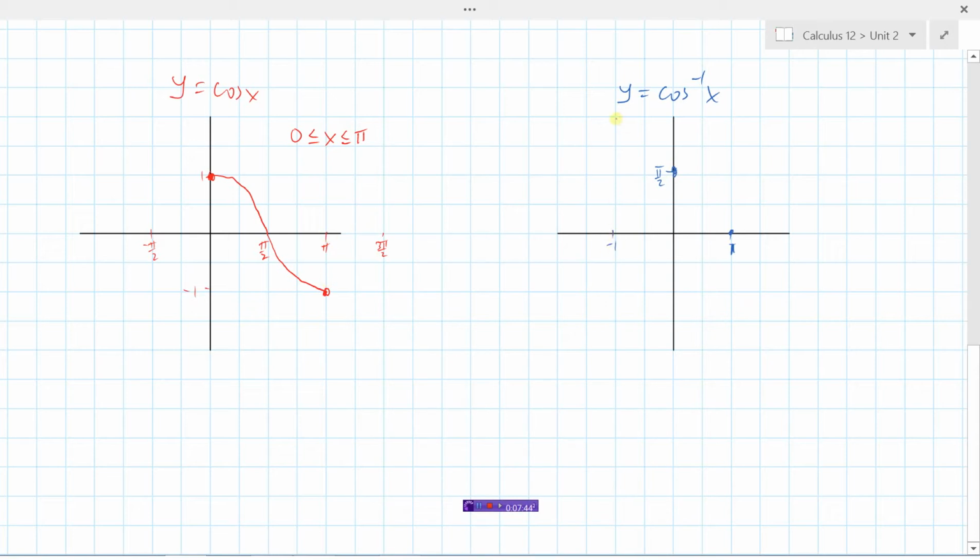So we'll have the point -1, pi. And it will look like a curve like this when we sketch its inverse. So this would be the graph of y equals the inverse cosine of x. So this cosine x graph is defined to be 0 to pi so that the inverse cosine can look like this.